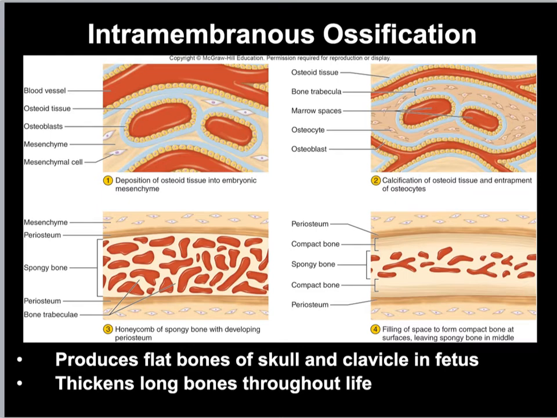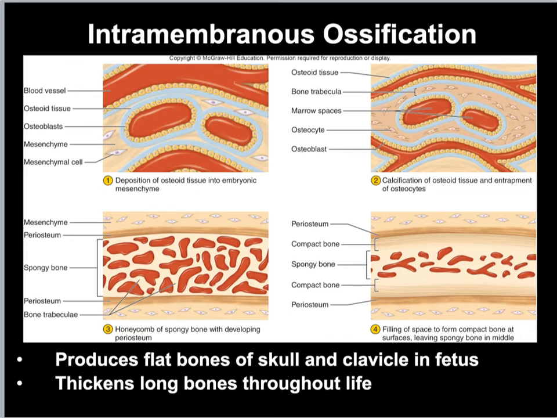So when we talk about mesenchyme or mesenchymal cells, those are structures that you'll find in embryos and fetuses, not in adults, but it's like pre-connective tissue. It's the stuff that will eventually become connective tissue.